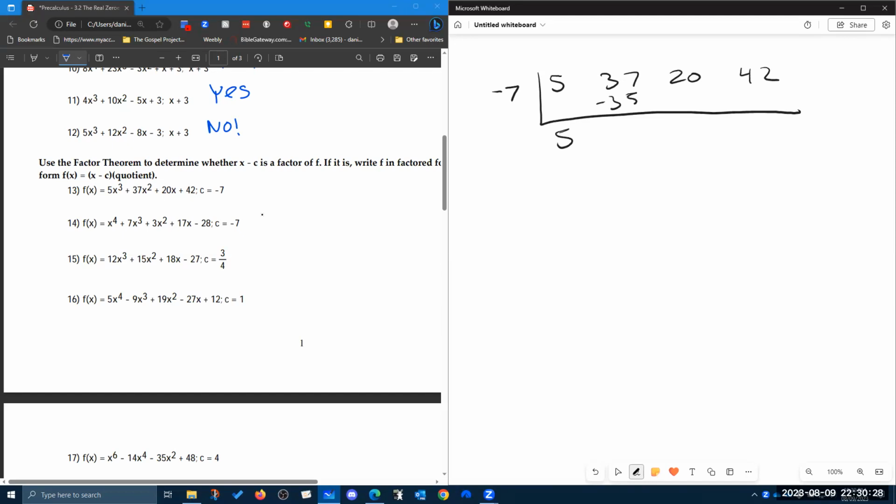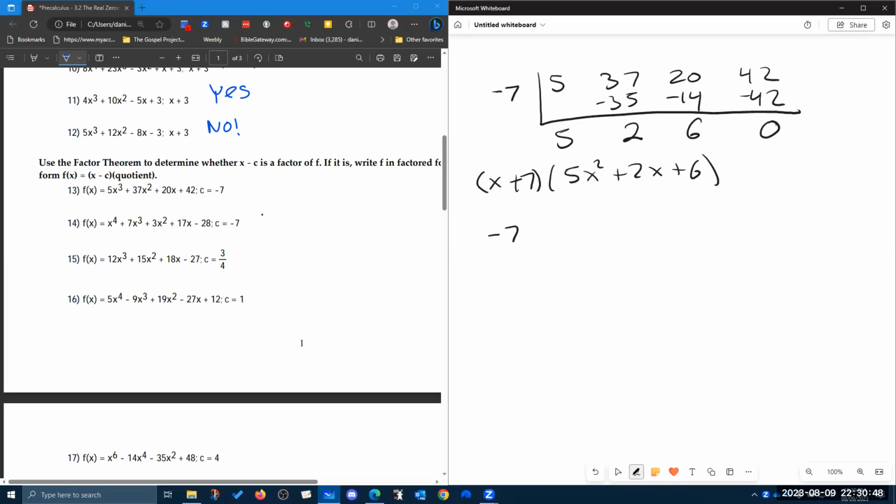This is a -35. That's a 2. It's a -14 and a 6. -42 is a 0. So this gives me x plus 7 times 5x squared plus 2x plus 6.